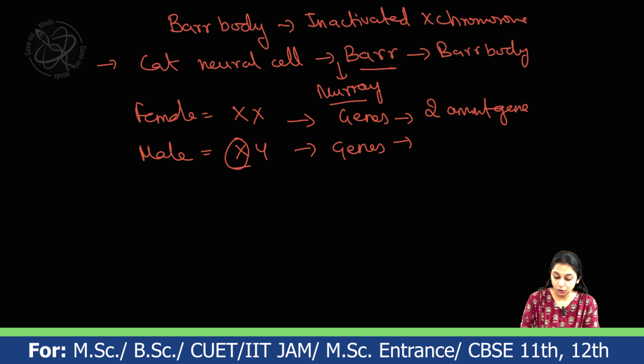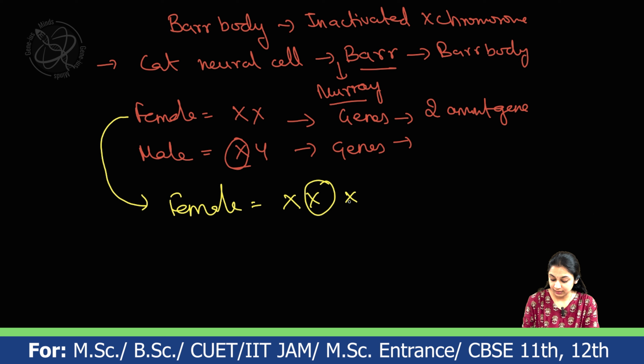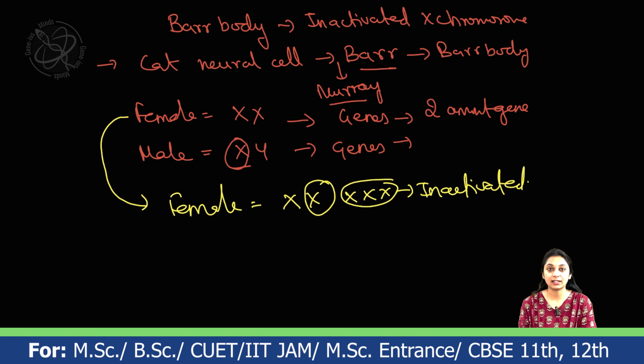But in order to maintain the balance between male and female, one of the X chromosomes of the female gets inactivated. This is known as inactivation of the X chromosome.